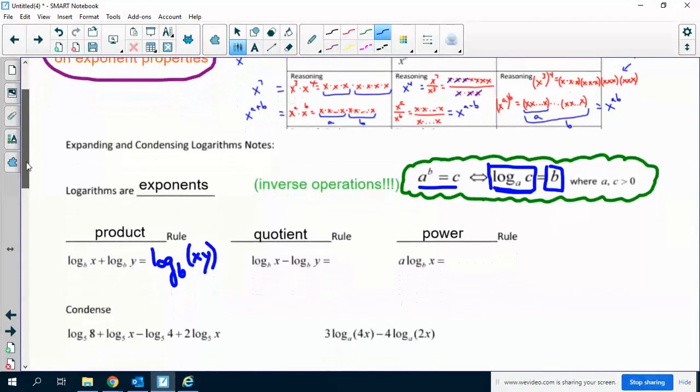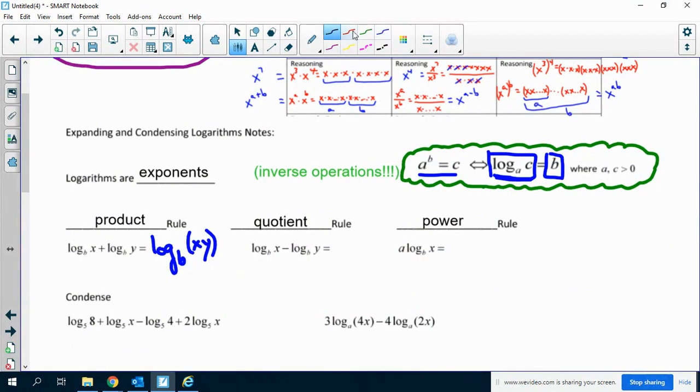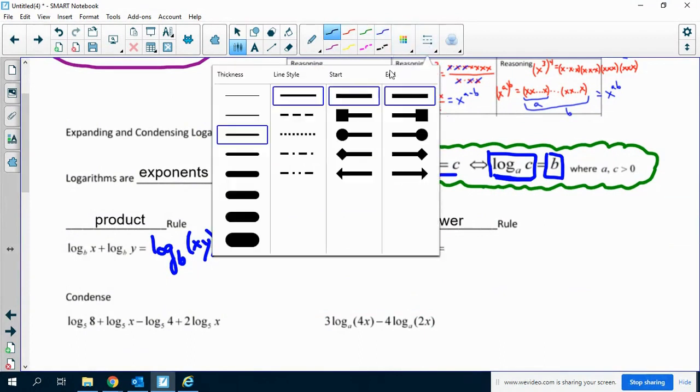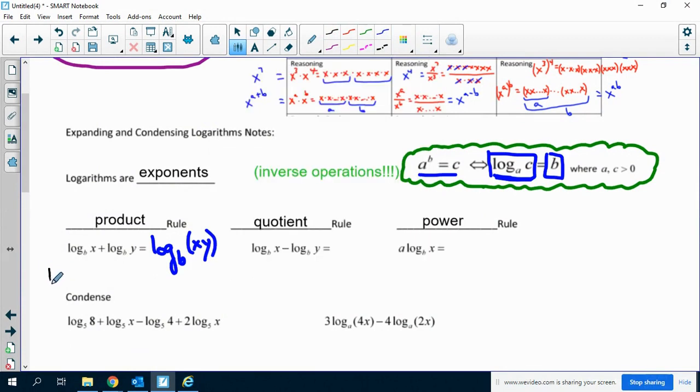Real quick, a small proof of why that would work. Very small proof. If I take b to the log base b of x plus log base b of y, so I have b to all of this, that's going to be rewritten as b to the log base b of x times b to the log base b of y.